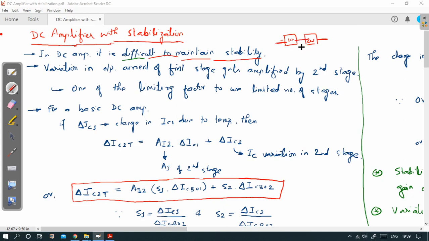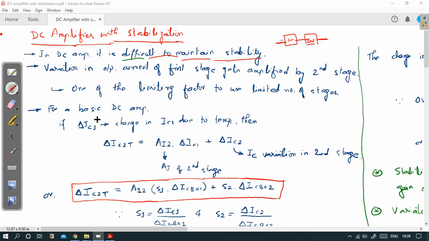So this is one issue when we use multiple cascading of stages, and one of the factors to use a limited number of stages. Because of this issue we cannot use a large number of stages as desired, so the number of stages gets limited in the case of DC amplifiers.